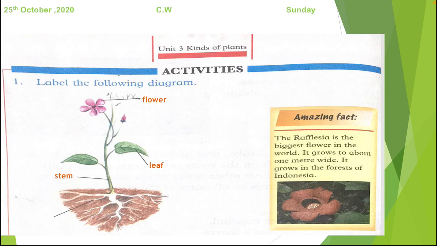Now come to this part. What is this? Yes, this is leaf. Now come to this part. What is this? This is stem.